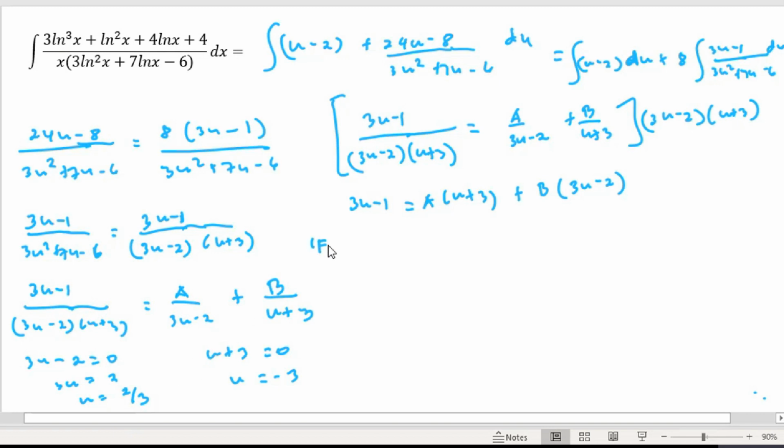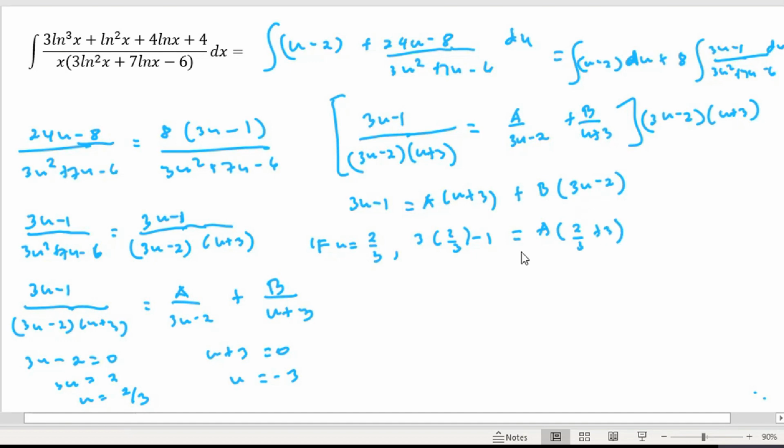So if u is equal to 2 thirds, we can write 3 times 2 thirds minus 1 is equal to a times 2 thirds plus 3.